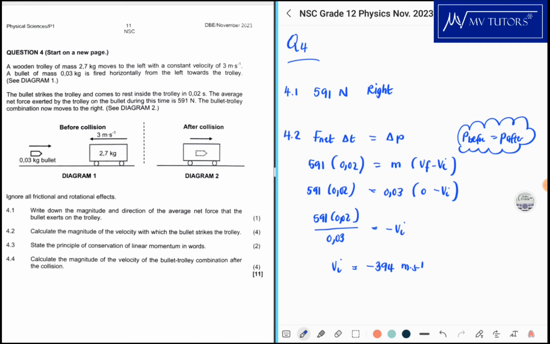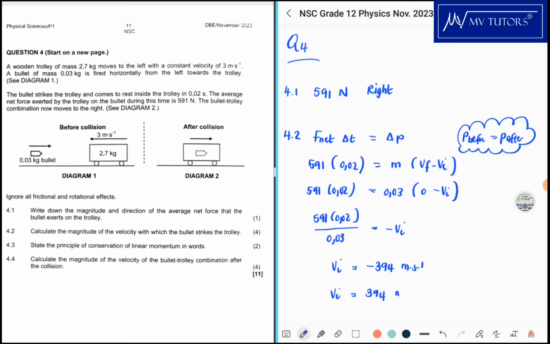Because the bullet is going to the right. Okay, and the average net force exerted by the trolley on the bullet is 591, and the trolley at that time is moving to the left, right? And then it says calculate the magnitude of the velocity. Okay, they wanted magnitude. We'll think about this negative another time.